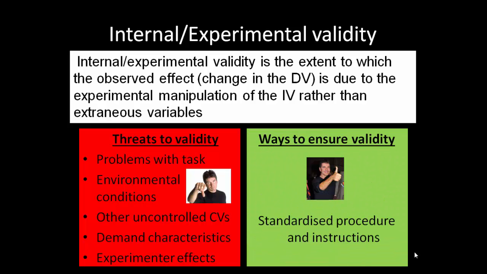Okay, so how do we ensure validity? The main way is that we use standardized procedures and instructions throughout the experiment in both conditions. If we use these, then we tend to be able to control things much more carefully and we increase the validity.